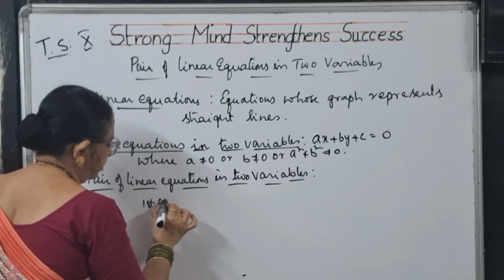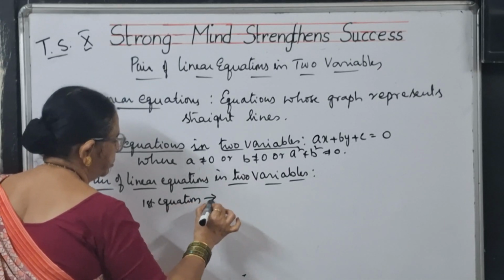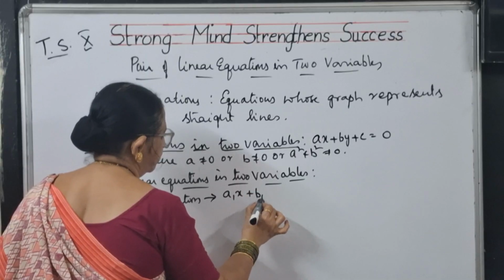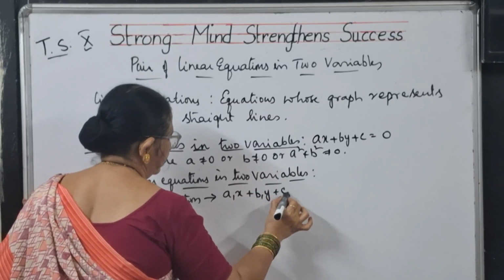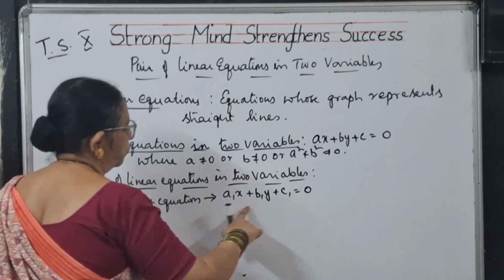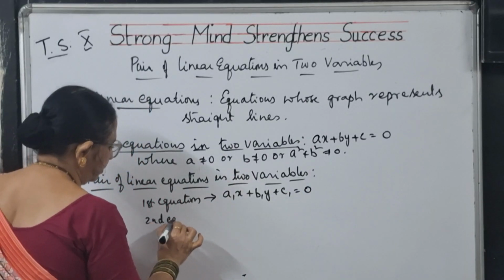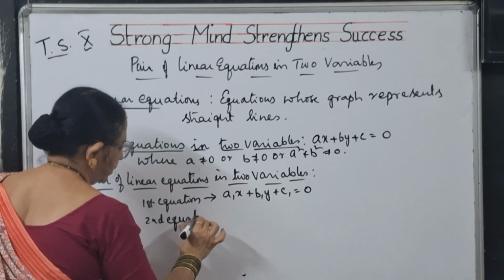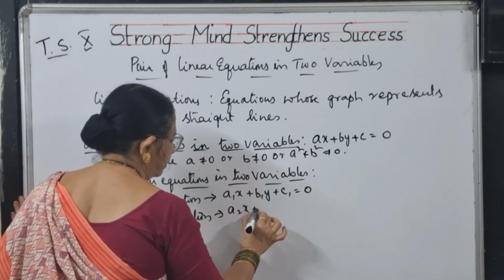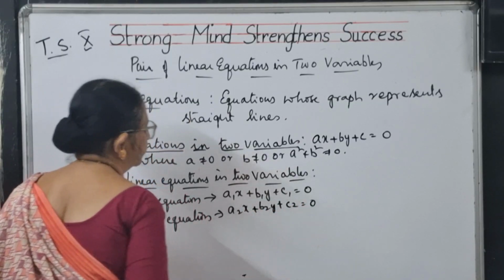First equation will be represented as a1x plus b1y plus c1 is equal to 0. We are writing 1 to mean the first equation. And what is the second equation? The second equation is a2x plus b2y plus c2 is equal to 0.